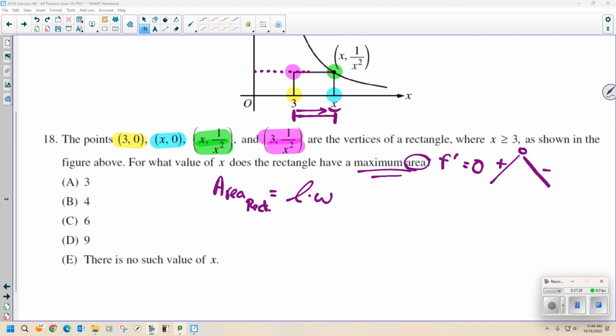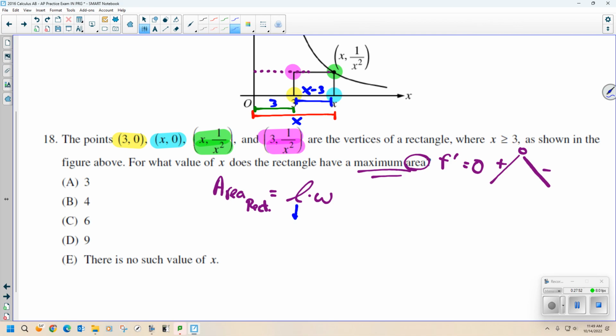So how do I figure out what that is? Well, if the point from here to here is x, I want to subtract from here to here 3 because I truly want this distance. So I take x and subtract the 3. So that is x minus 3.